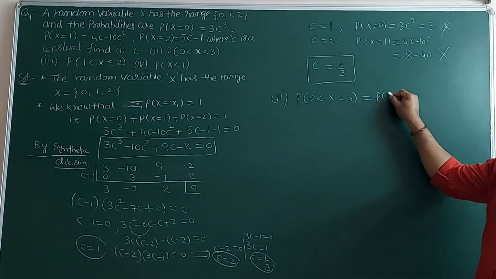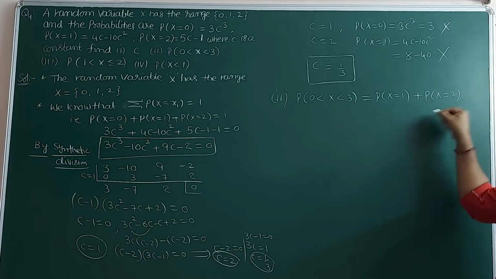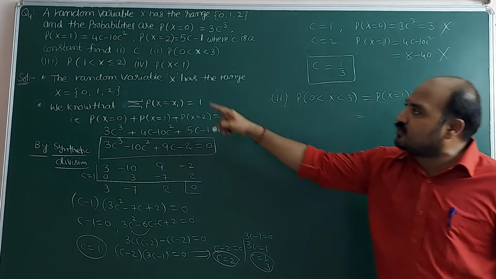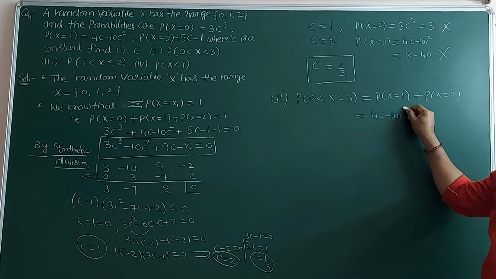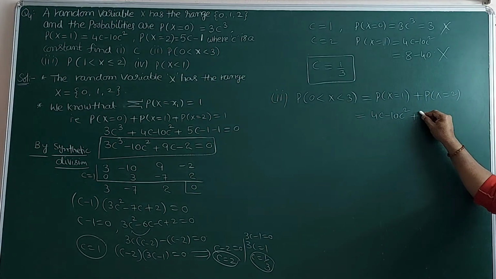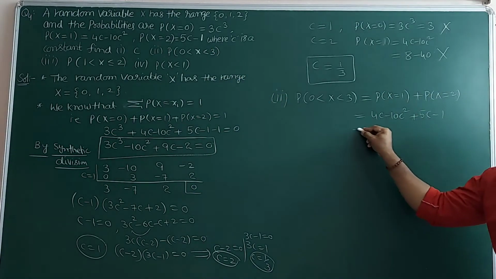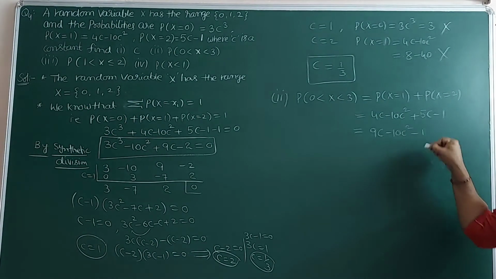So P of x is equal to 1 plus P of x is equal to 2. The value of P of x is equal to 1 is what from there? 4c minus 10c squared. P of x is equal to 2, 5c minus 1. So which is equal to 9c minus 10c squared minus 1.